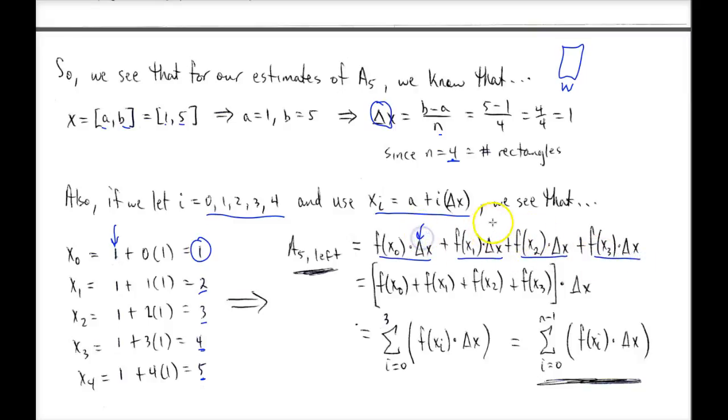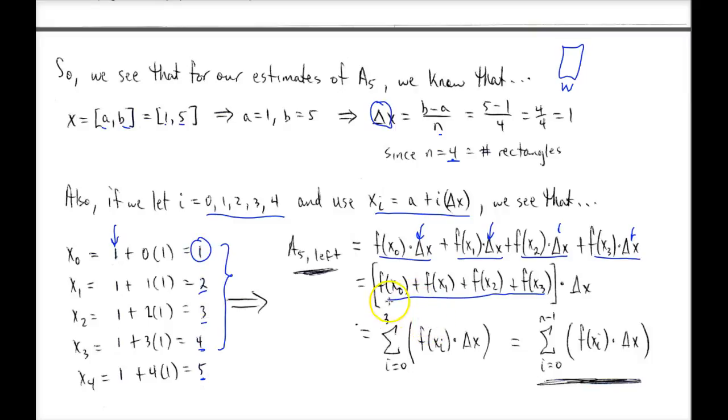And since delta x here is the same in each one, I know I can factor the delta x out of each term. And essentially all I have here is f of x at that particular x value that we're talking about from this list. And of course, for the leftmost ones, we look at the sum of the corresponding y values for the function when we let x be 1, 2, 3, and 4.